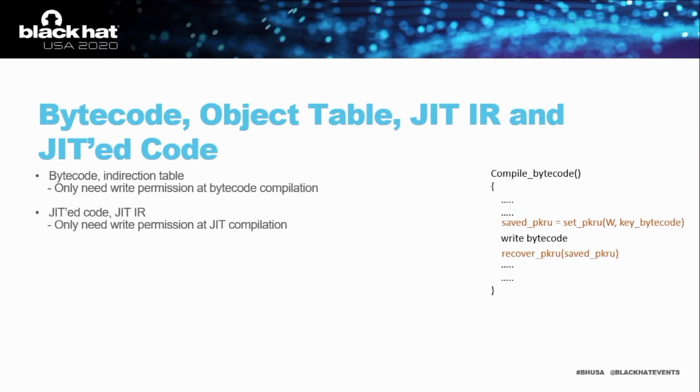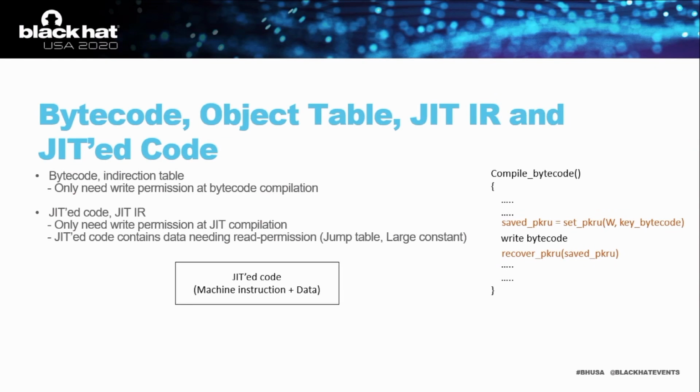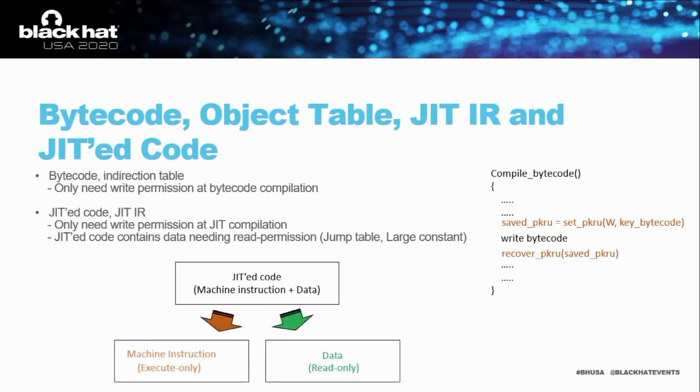However, we found that it is not trivial to make the JIT code execute-only because JIT code is a mixture of machine instructions and readable data such as jump tables and large constants. So we separate the JIT code into a machine instruction part and a data part and assign different MPK keys to them. So now we can make the machine instructions execute-only and the data section read-only.